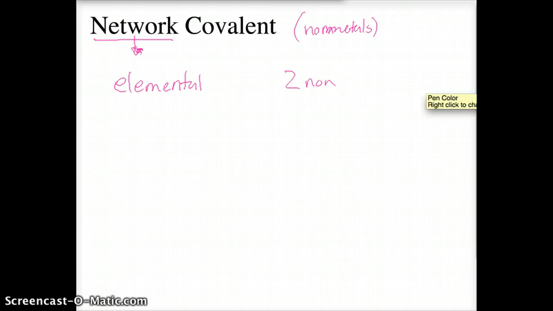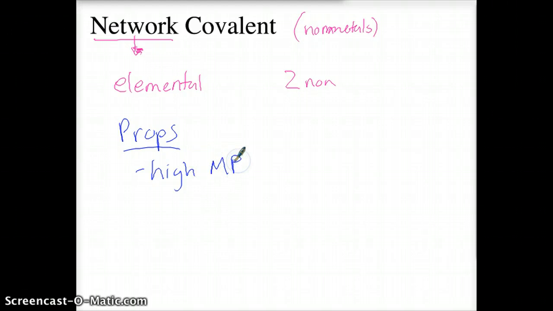The properties that we need to know for network covalent compounds, okay, is that, first of all, they're based on the structure of these compounds. And we'll talk about the structures in a second, but they have high melting points, okay? They're typically rigid and hard when they're in 3D.